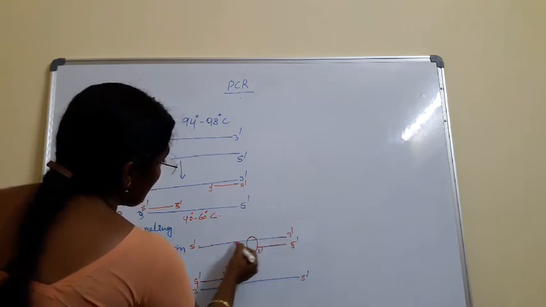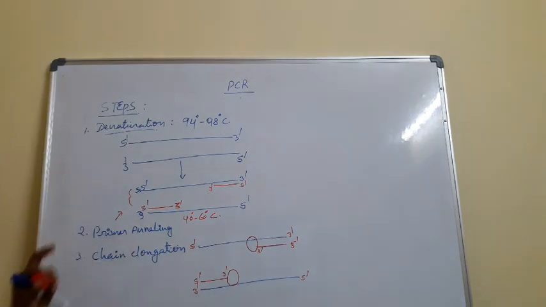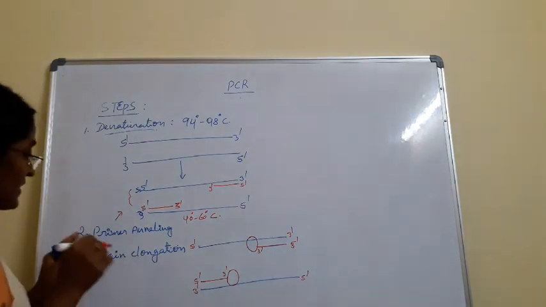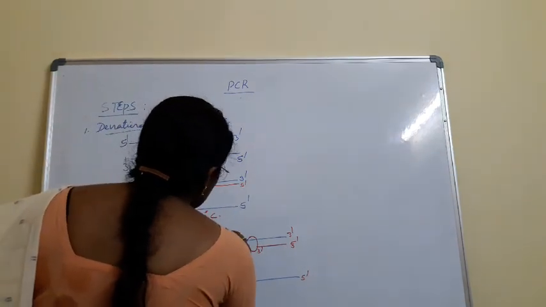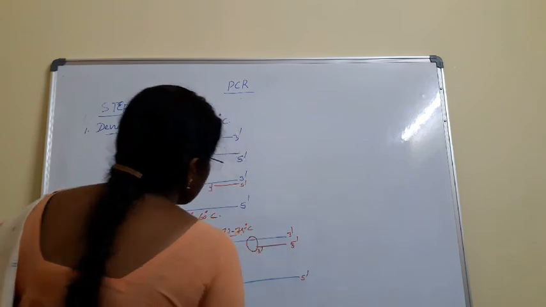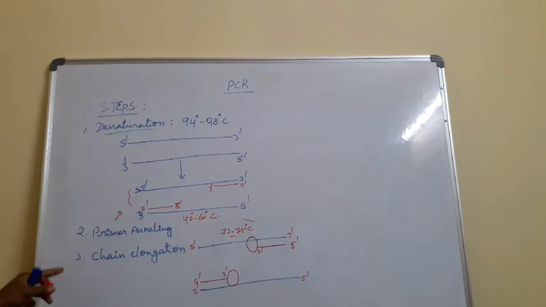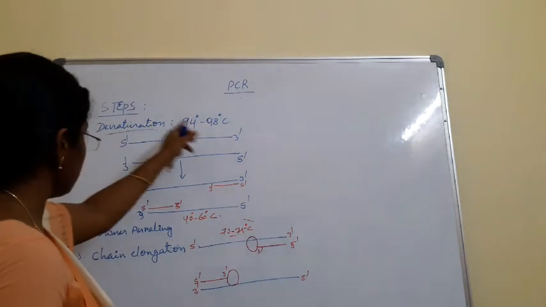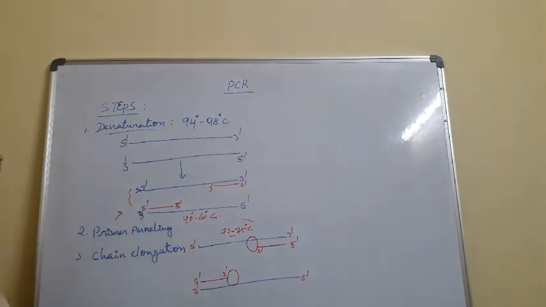This is the chain elongation process. For this process, the temperature rises to 72 to 75 degrees centigrade. These are the steps involved in the PCR technique.